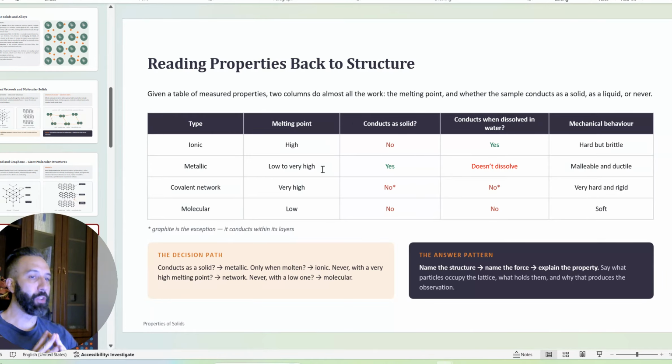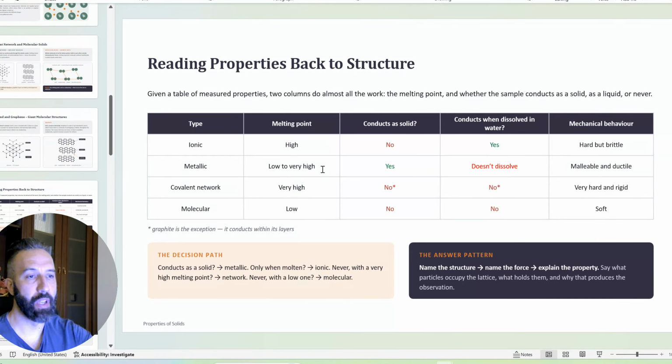In all the AP questions, when they ask you about the melting points of metals, you say very high. You don't say low. I just put this here to show you that you have some rare metals that actually have really low boiling points. But most common metals, the vast majority, have very, very high boiling points, much higher than ionic. Only diamond, basically, and other similar covalent networks have higher.